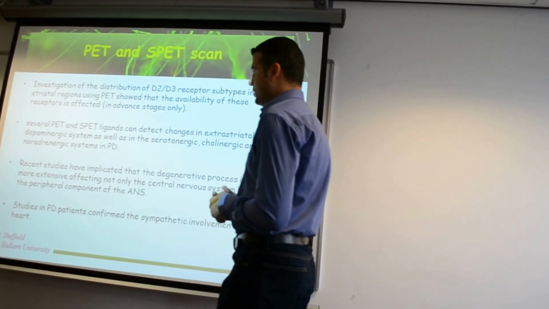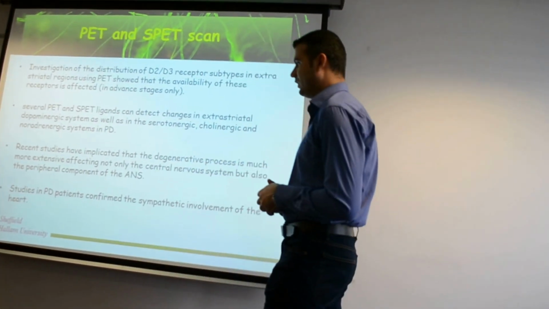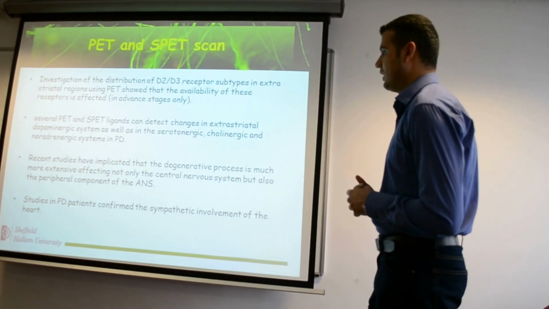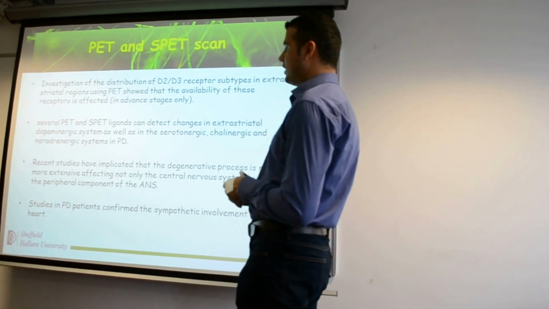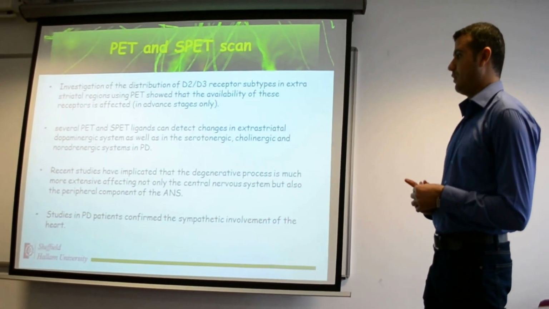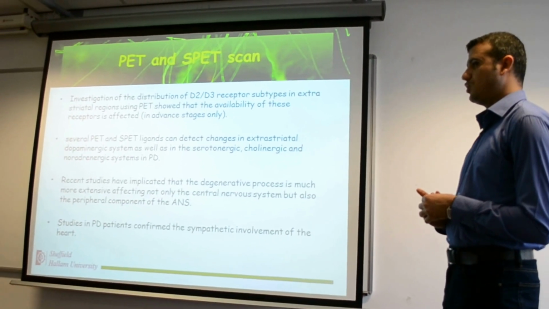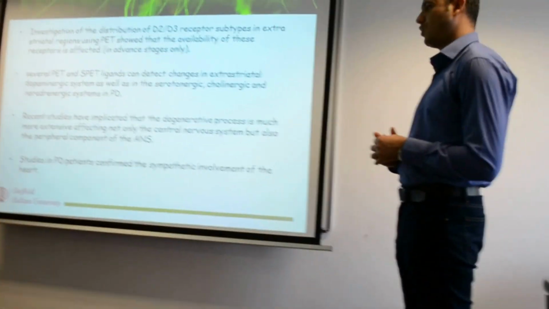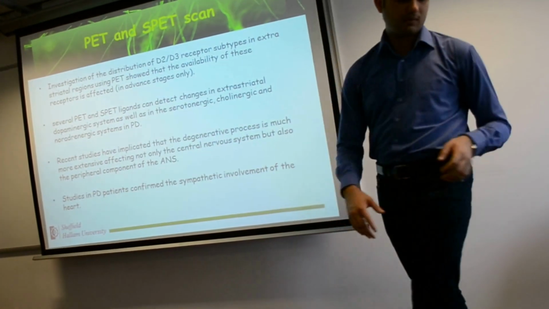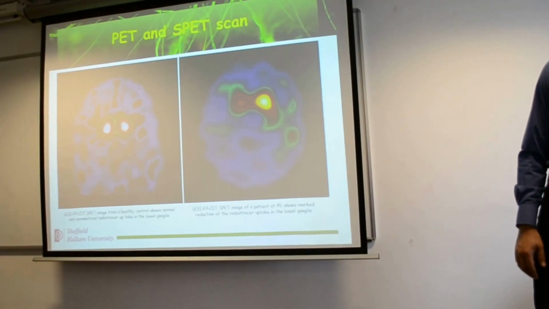Recently, I saw some studies about involvement of extrastriatal damage. Like here, there is a study about involvement of the autonomic nervous system in the heart. They also see that there is some damage in the dopaminergic system in these regions.